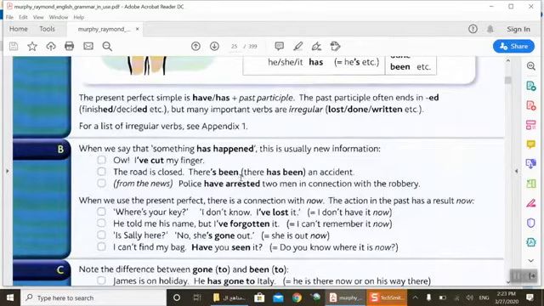There has been curfew. When was the curfew? Before a while, maybe a week or 2 weeks ago, and now the roads are closed. So what do we say? There has been curfew. You see here, this is how to use present perfect.